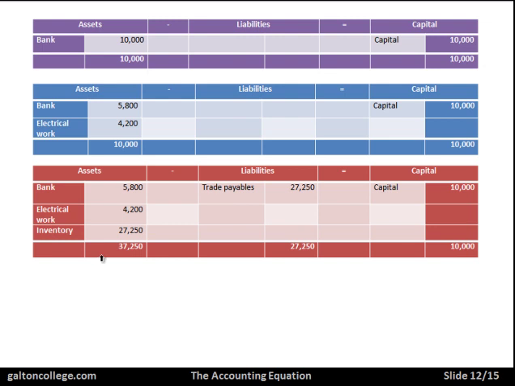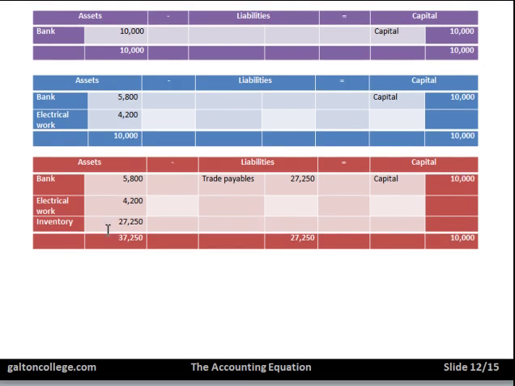If you add it all up, it comes to £37,250. Well, he needs to pay the £27,250, so it's a liability. But of course he still has the capital, what he put in at the start. He doesn't have it, because what he has is £5,800 really, what he can get his hands on. The rest is in components to be sold, and that's now a part of the premises.